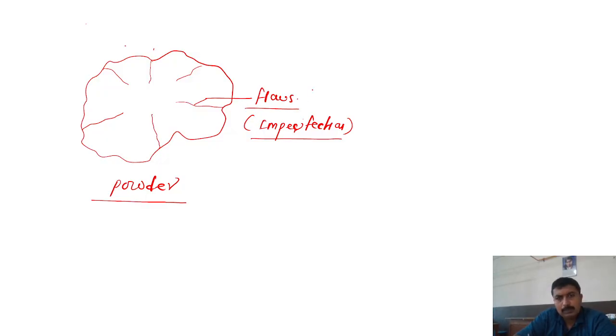Once the powder material is subjected to impact, what is meant by impact we have already covered, the powder material is hit by the moving object of the equipment, let's say hammers, or in the case of a ball mill, balls.